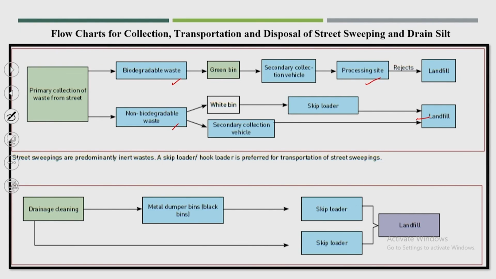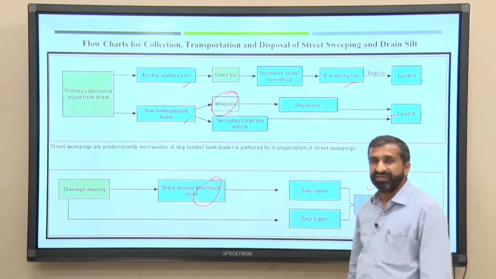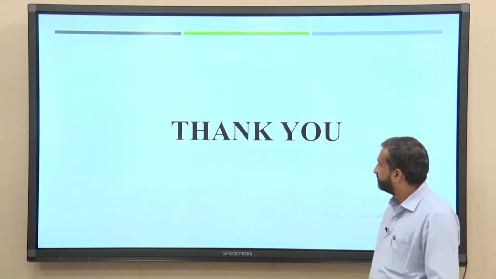And drainage waste also has to be properly disposed of. This will be stored in the black bin, and the inert waste will be stored in the white bin, so that you can easily identify what kind of waste is in the bin.